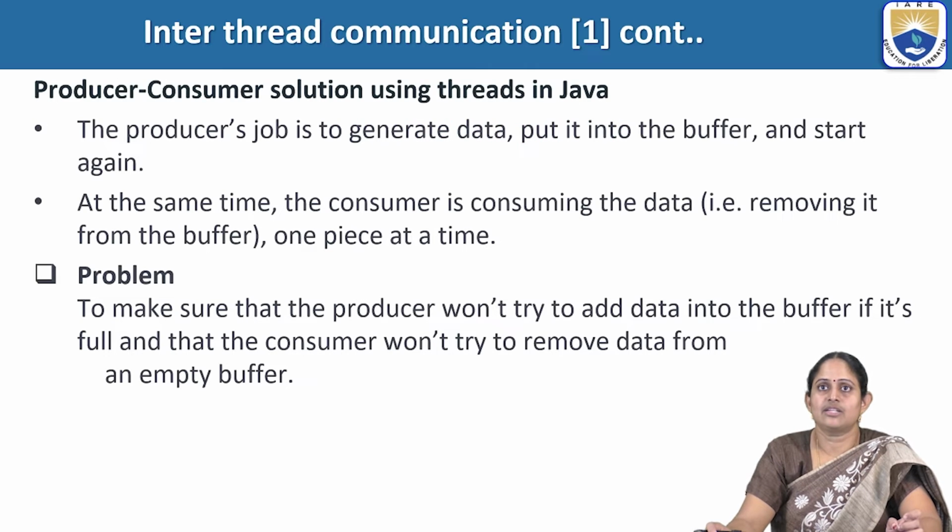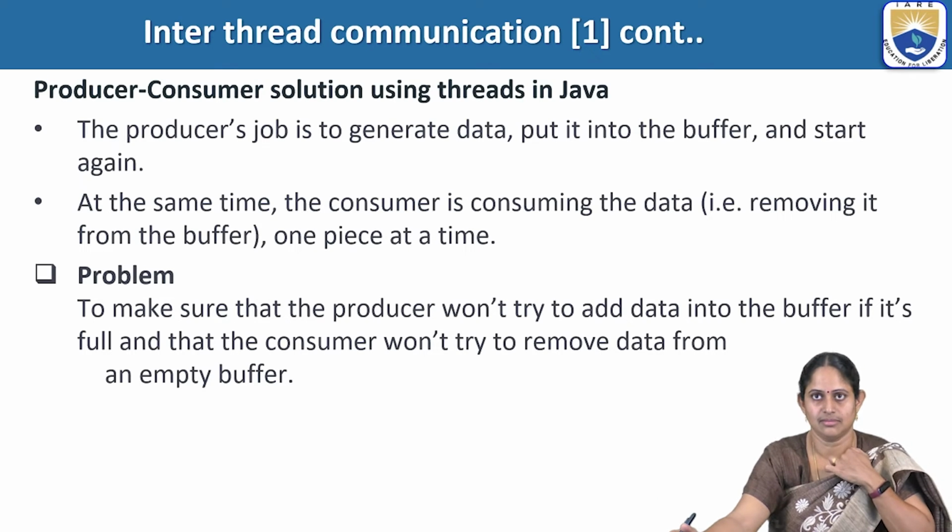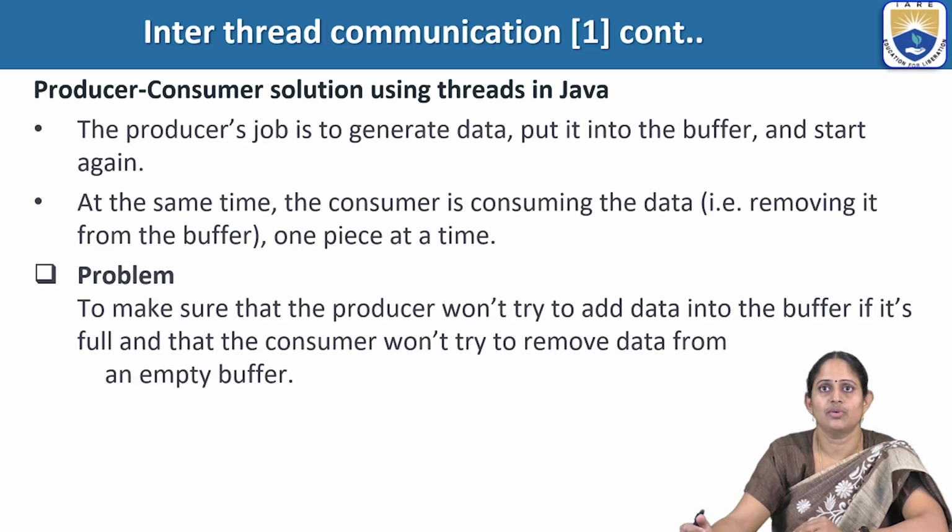Next, let's look into the producer-consumer problem using threads. The producer will always generate data, put it into the buffer, and go to sleep. It will sleep until the consumer consumes that data and makes the buffer empty. Once the producer produces data and puts it into the buffer, it will notify the consumer that data is ready and it can consume it.